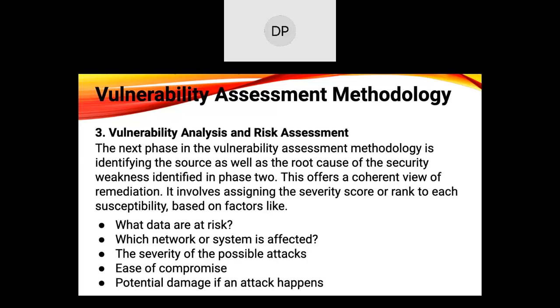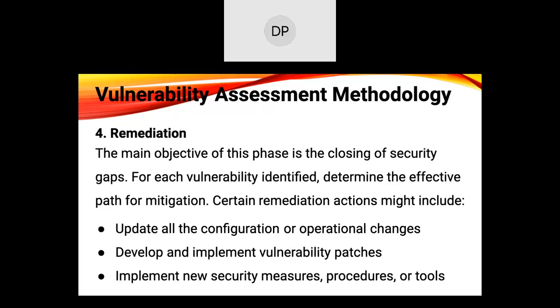It involves assigning severity scores or rank to each susceptibility based on factors like what data are at risk, which networks or systems are affected, the severity of the possible attacks, ease of compromise, and potential damage if an attack happens. Fourth phase is remediation.